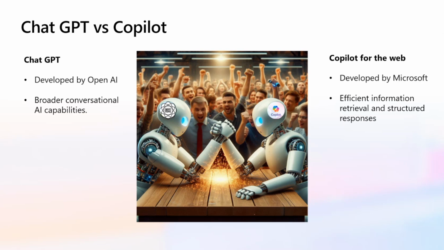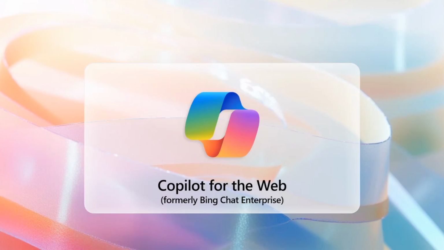So Bing Chat is ideal for users looking for quick answers or specific information retrieval tasks, while ChatGPT is suitable for applications requiring interactive conversational AI capabilities across different domains. What I'm saying here is you can use both of them, but when it comes to Copilot for the web, as I'll take you through, it's got some key functions that step it over that ChatGPT mark.